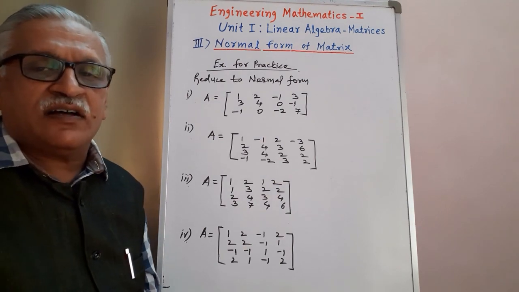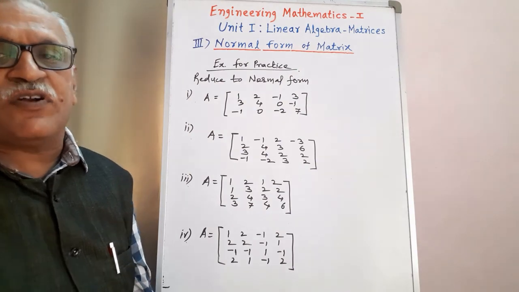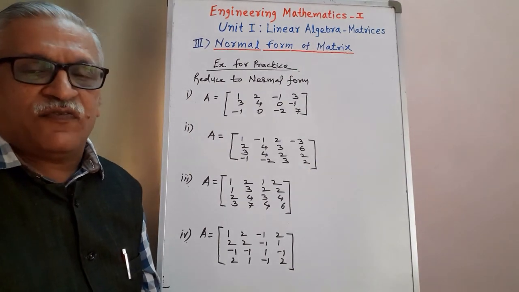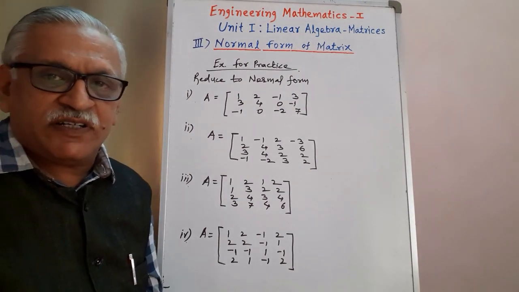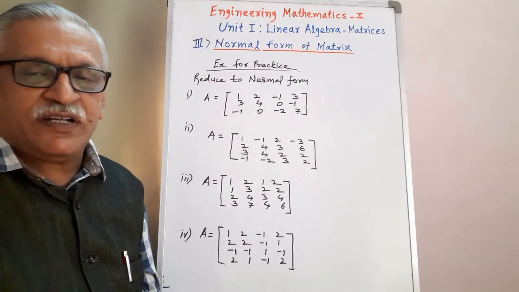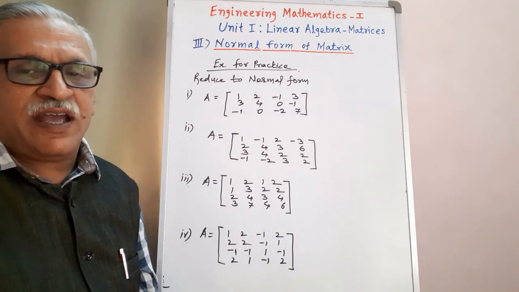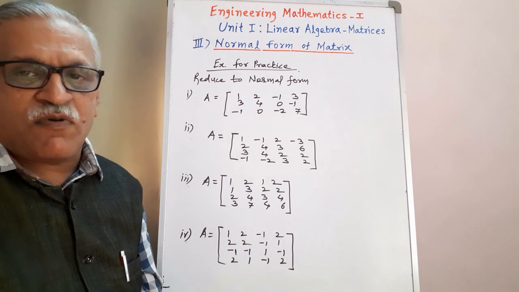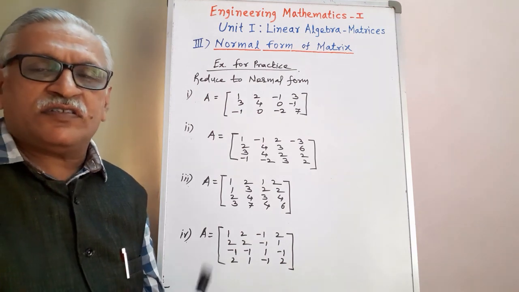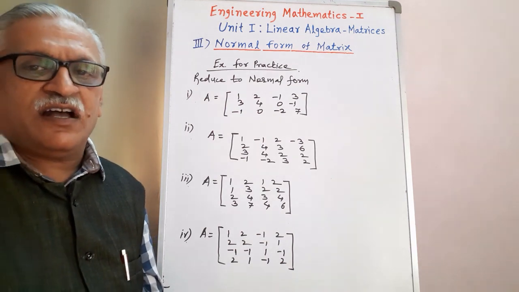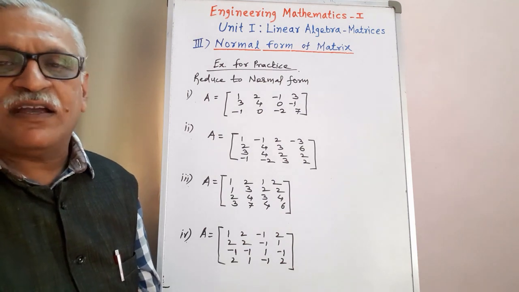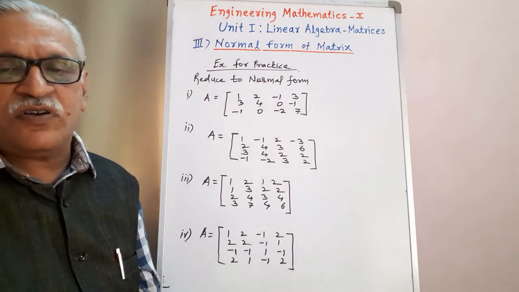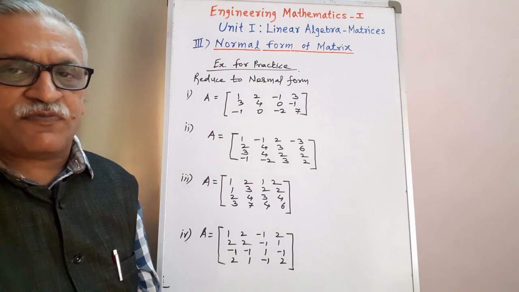So far I have completed 3 important points from this first unit. First one, inverse by the Gauss-Jordan method. Second point, rank of matrix. And the third, normal form of matrix. In all these 3, we are applying elementary transformations, row as well as column transformations.